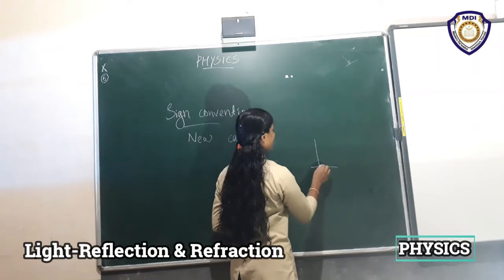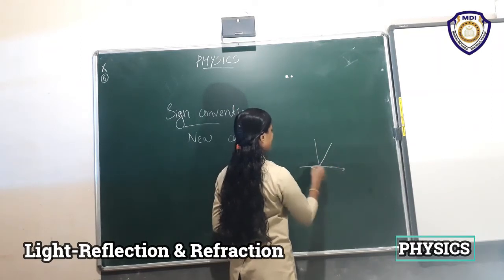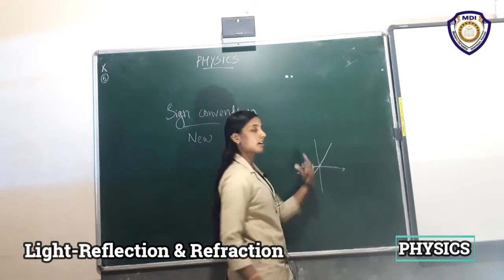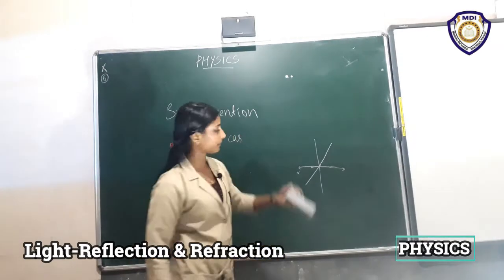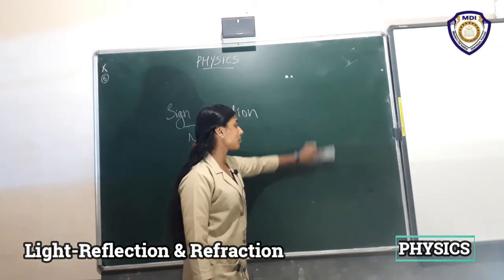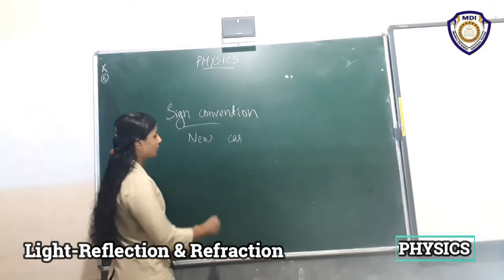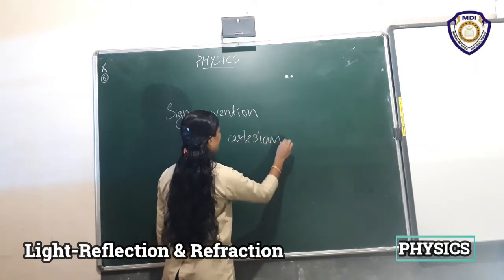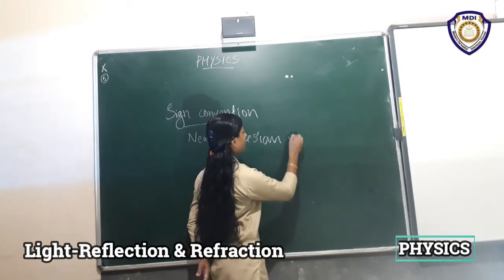The x, y, z directions, the Cartesian system, right? Leave it. So our sign convention is known as the new Cartesian sign convention.